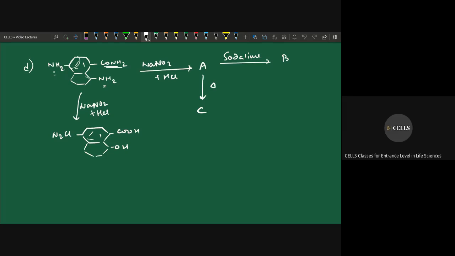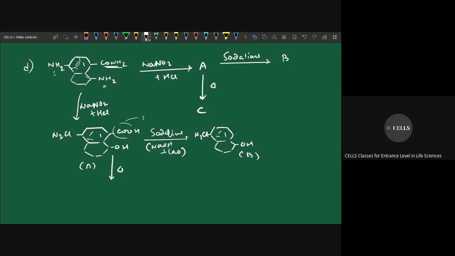Right? Very good. Now this is the A. Now we are doing a soda lime treatment. So we know if we do soda lime, then there will be a decarboxylation. So on soda lime treatment, which is nothing but NaOH plus CaO, this will be just H, so we are not writing it here. This will be N2Cl and this is OH. This is the product B.